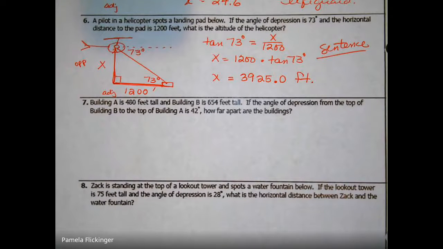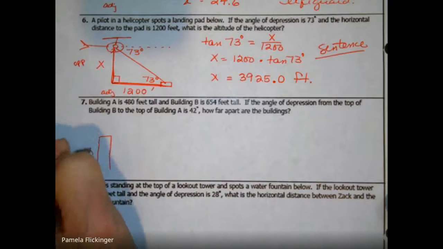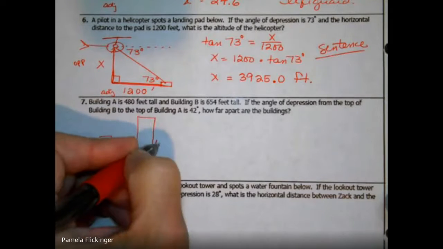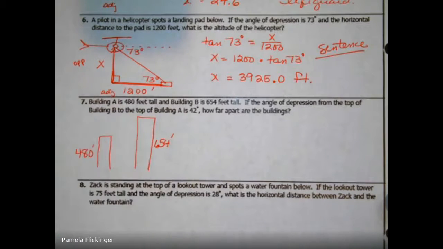Number 7, we have building A is 480 feet tall, building B is 654 feet tall. If the angle of depression from the top of building B to the top of building A is 42 degrees, how far apart are the buildings? So we've got building A is 480 feet, and then building B, which is taller, is 654 feet.